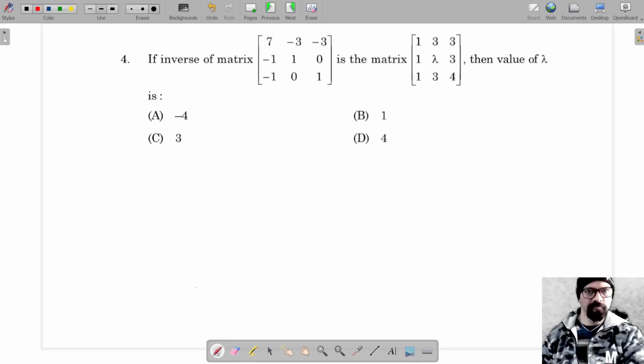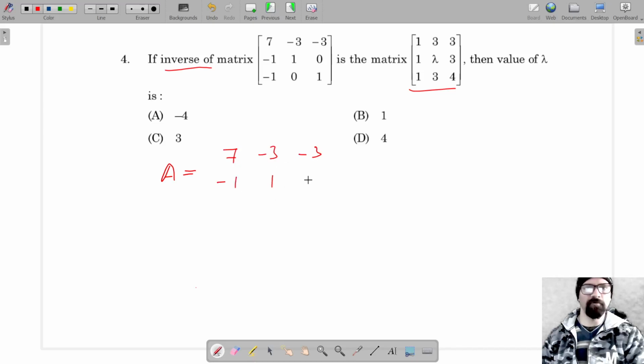For question number 4, it's given that if the inverse of this matrix is this matrix, then what is the value of lambda? Let's say this is our matrix A, which is [7, -3, -3; -1, 1, 0; -1, 0, 1]. Let this be matrix A, and its inverse is given.